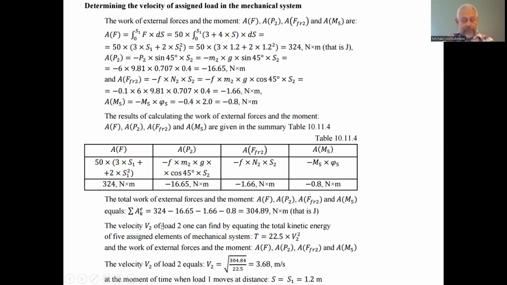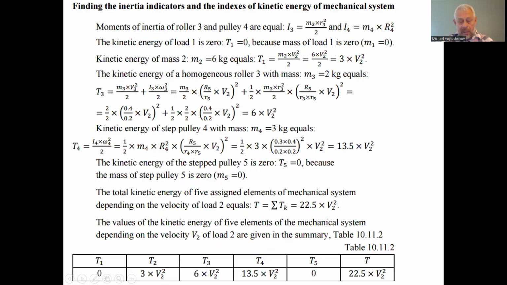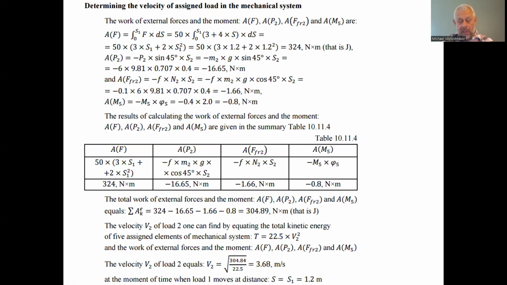The velocity we can find if we equate the kinetic energy got previously, the kinetic energy of the whole mechanical system in dependence on the velocity of the second load squared, 22.5 times the velocity of the second load squared. We have to find the velocity of the second load when the first load goes for 1.2 meters.